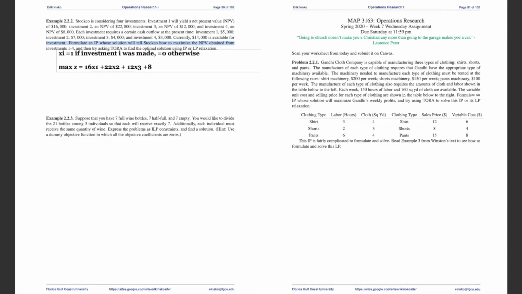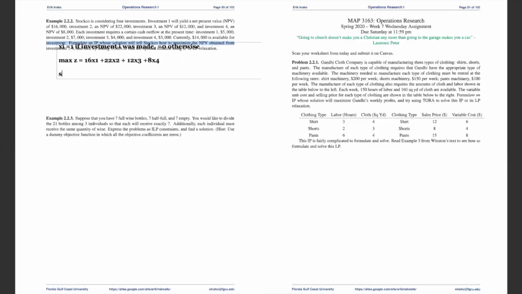So we want to maximize that number, subject to the restriction that we do not have enough money to invest in all of them. So we can only invest 5,000 for the first one, because this is the price of the first one.